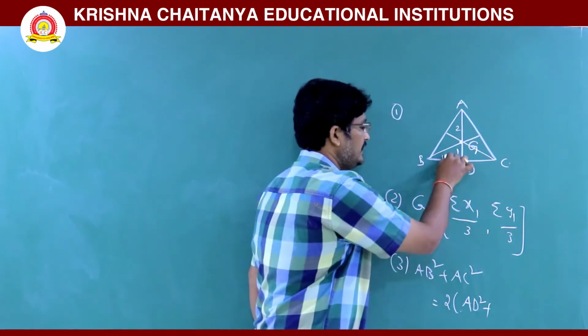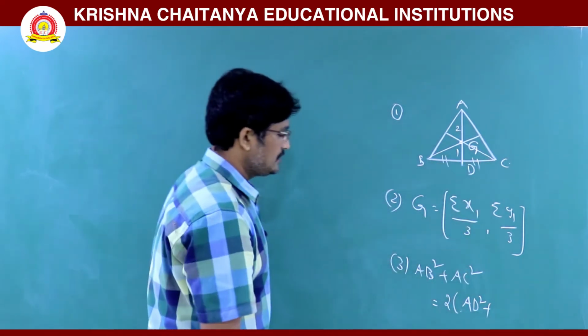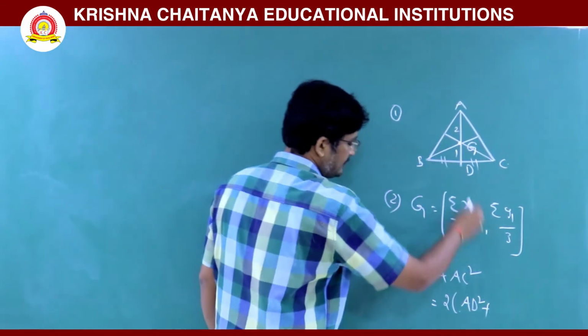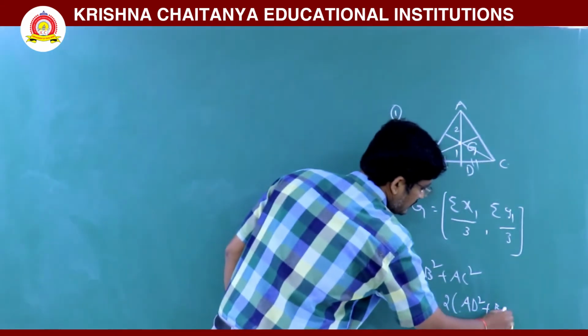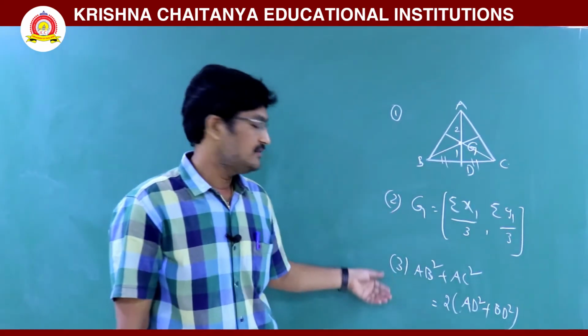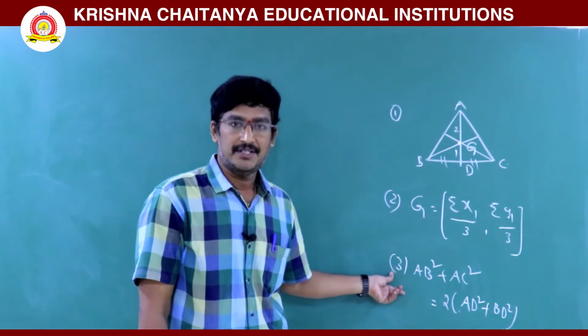You know BD is equal to DC. So AB square plus AC square is equal to 2 times of AD square plus BD square. These are some basics we learned in yesterday's session.